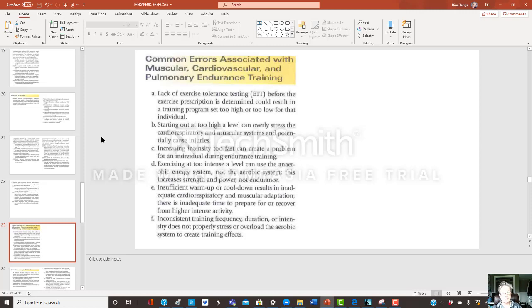There is inadequate time to prepare for or recover from higher intensity activity. Inconsistent training frequency, duration, or intensity does not properly stress or overload the aerobic system to create training effects.